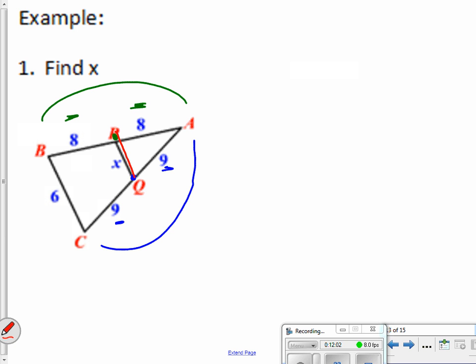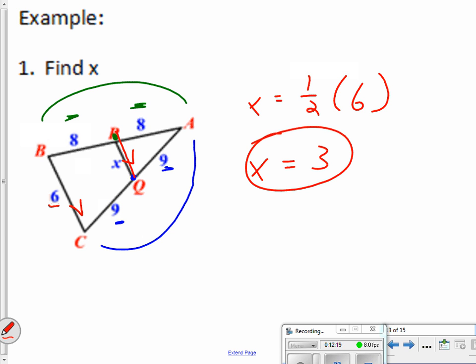This mid-segment is going to be parallel to this line and exactly half of its length. So if this one is 6, X equals half of 6, so X equals 3. We don't know if that's feet or centimeters. We just know X would have to be 3 in length.